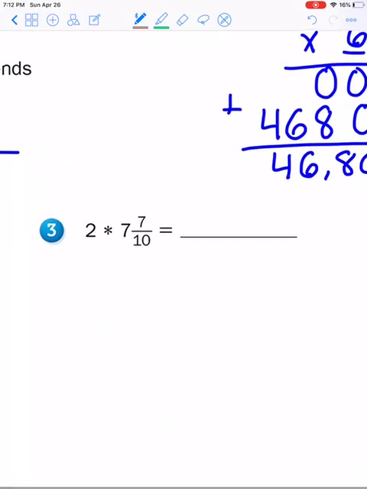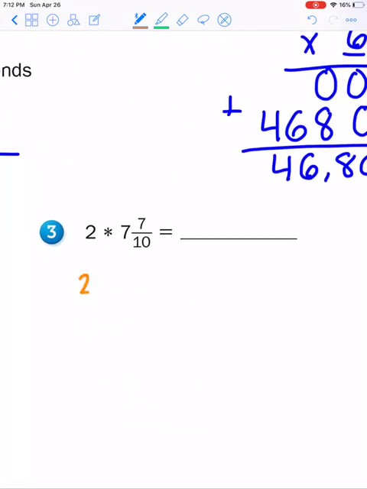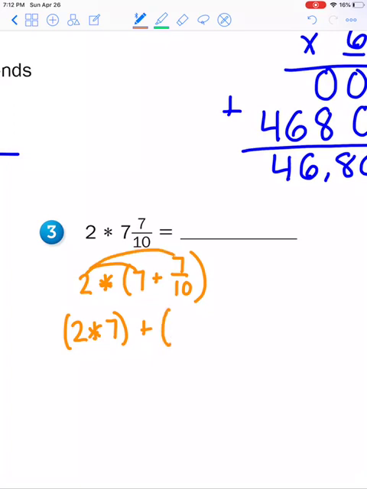Okay, let's do number 3. We're going to do it the exact same way. So 2 times 7 plus 7/10. So then I would do 2 times 7 plus 2, which is the same thing as writing 2 over 1, times 7/10. 2 times 7 is 14, plus 2 times 7, which is 14, over 1 times 10, which is 10.